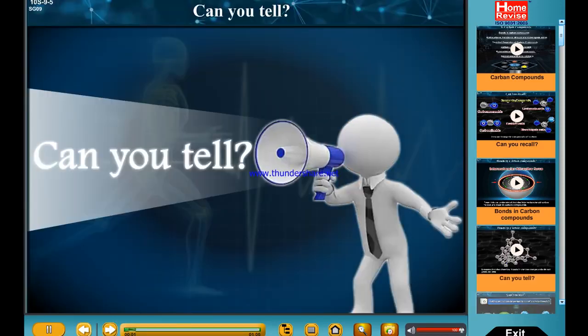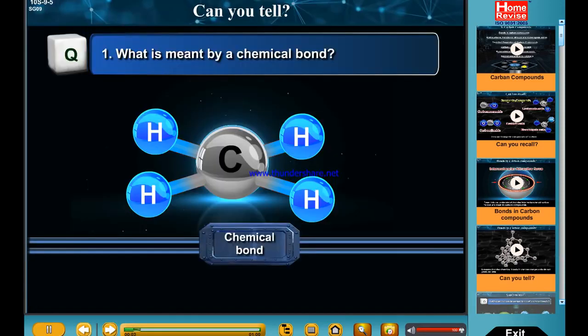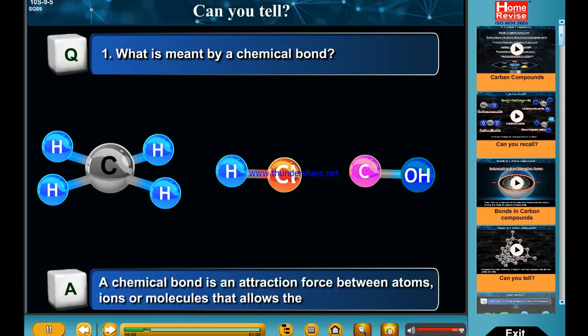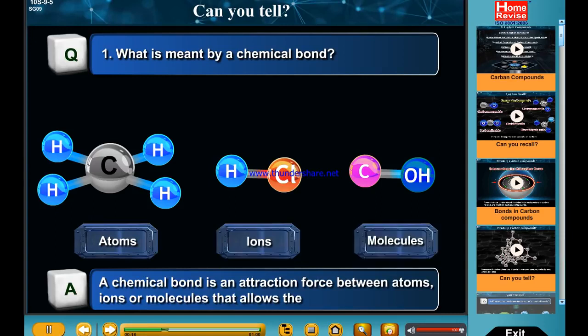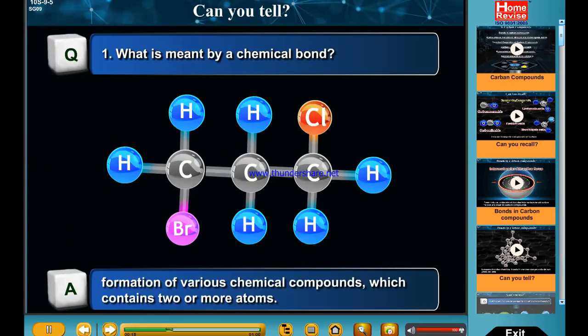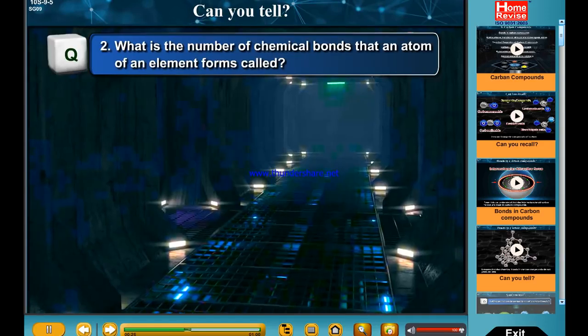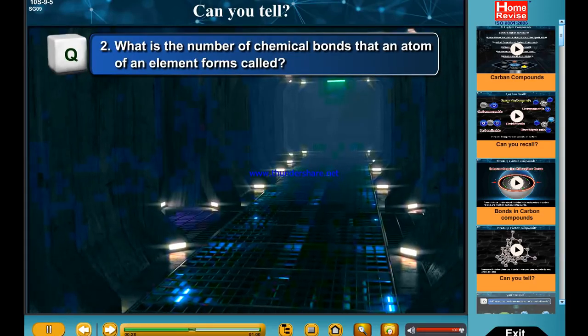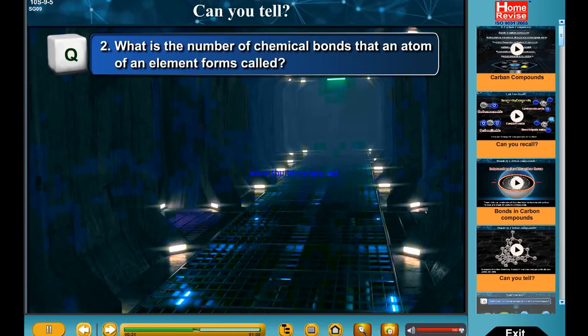Can you tell 1. What is meant by a chemical bond? Answer. A chemical bond is an attraction force between atoms, ions, or molecules that allows the formation of various chemical compounds which contain two or more atoms. 2. What is the number of chemical bonds that an atom of an element forms called?